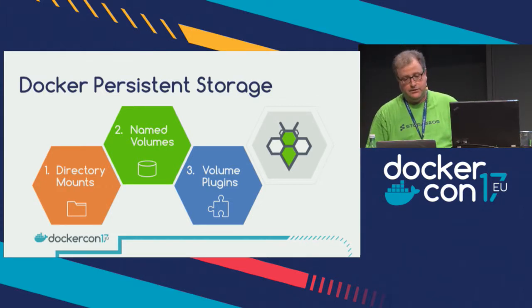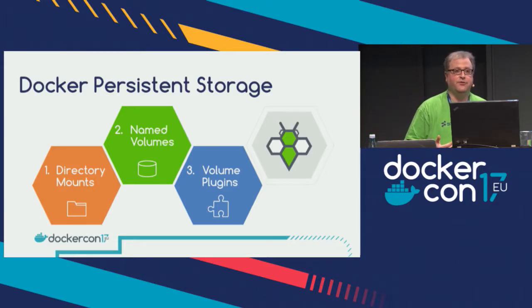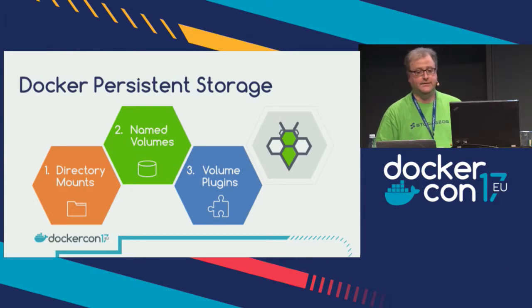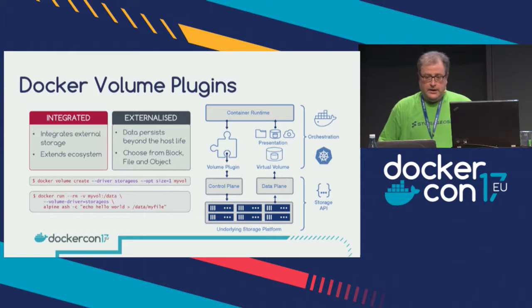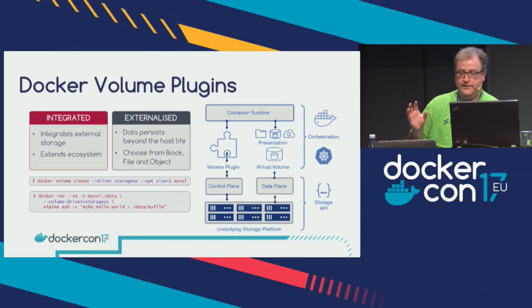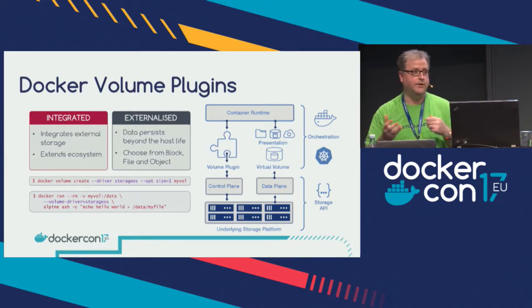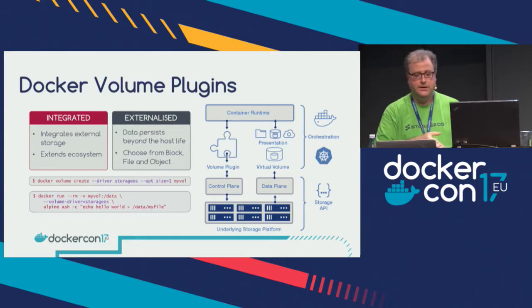And then the next evolution was volume plugins. So volume plugins give Docker the ability to automatically reach out to external storage providers and integrate them into the same infrastructure that named volumes use within standard containers. A Docker volume plugin is integrated into Docker. They're a fundamental part of Docker from 1.10 onwards.